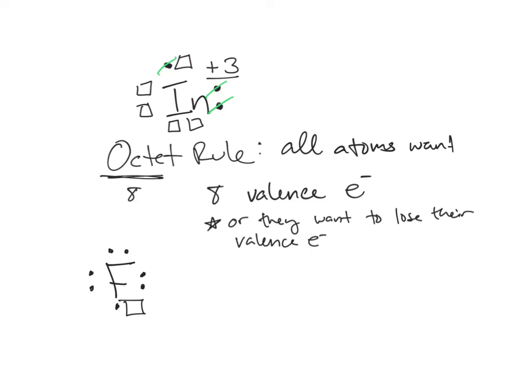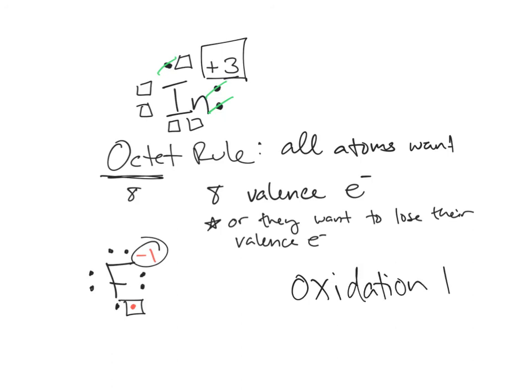And so fluorine is going to steal an electron from somewhere else. And when it steals an electron, it becomes slightly negatively charged, making it a -1 charge. So fluorine becomes slightly negatively charged. These numbers, the things that they become charged to due to the octet rule, are called oxidation numbers. And they are the same for everything in a group, which you can see if you draw the Lewis dot diagrams for all of the different elements in a group.